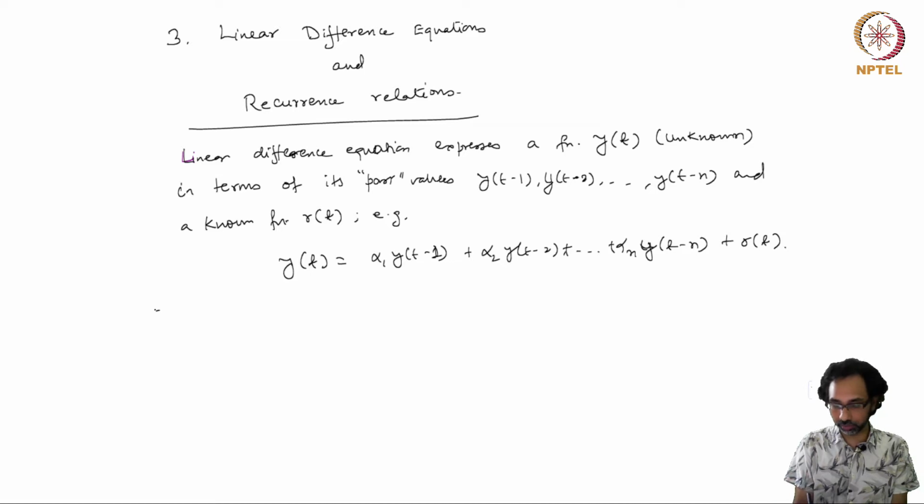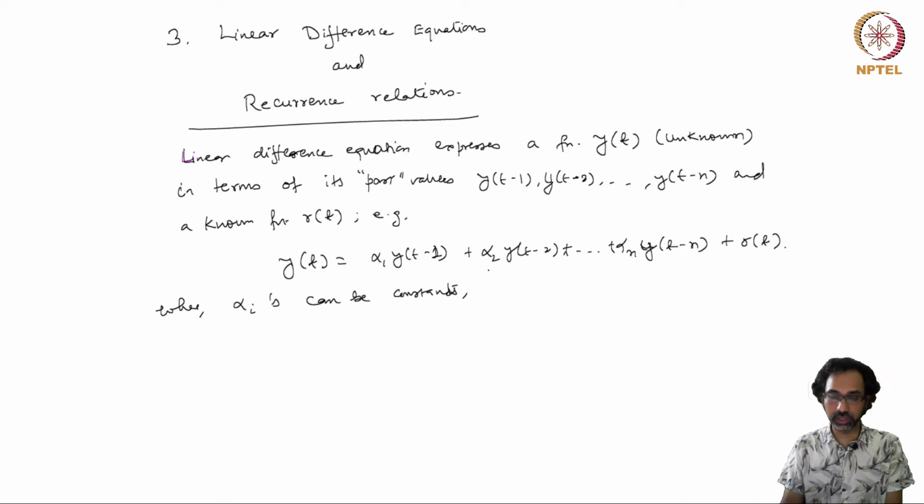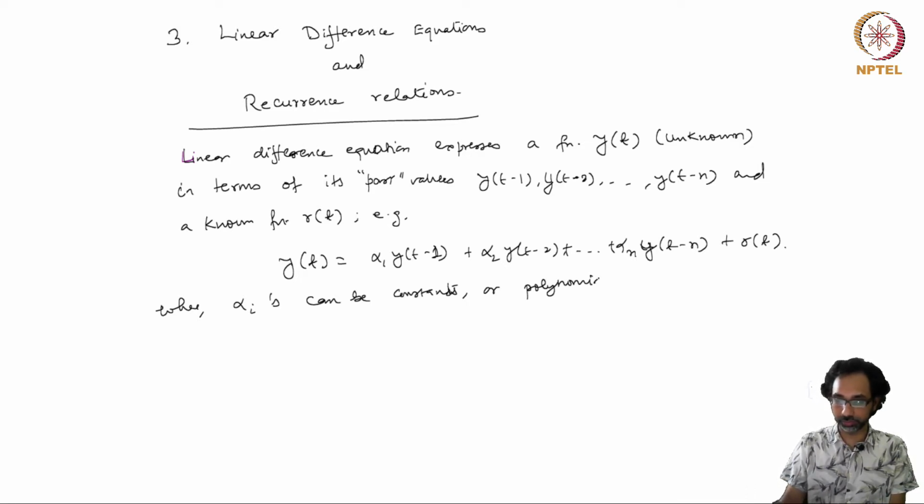Here the alpha_i's can be constants, in which case this is a linear difference equation with constant coefficients, or polynomials in t also. So just as in the case of a differential equation, you can have constant or polynomial coefficients for linear difference equations.